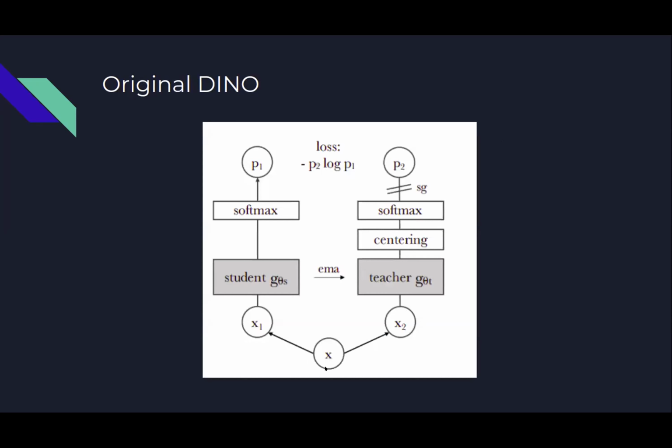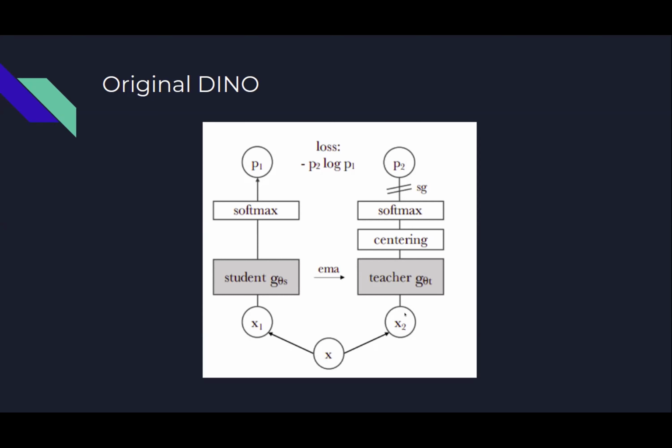So a little bit about Dino originally. They'll take these images and they'll have a student and a teacher network. They'll get different crops of the image. So X2 is going to be a high resolution crop and X1 is a low resolution crop.